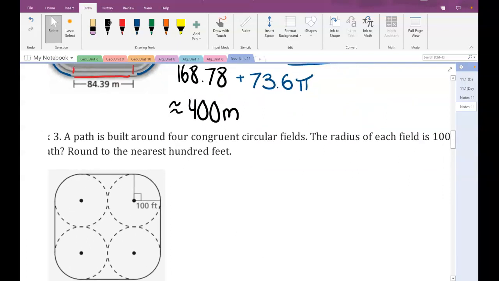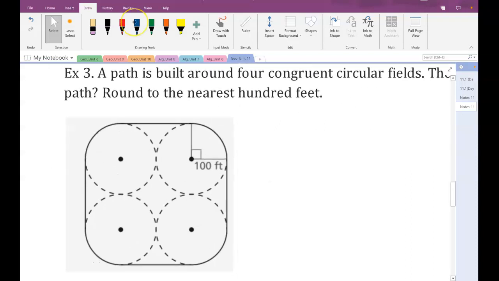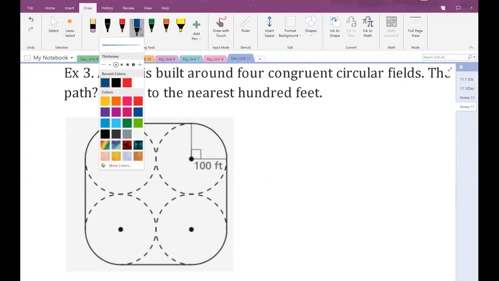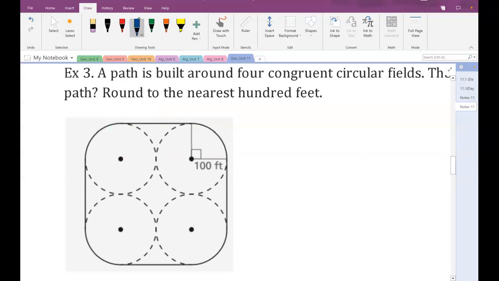We have a path built around 4 congruent circular fields. The radius of each field is 100. What is the perimeter around the path? Round to the nearest hundredth. When we're walking around this, we're walking around 4 straightaway sections and 4 curved sections.